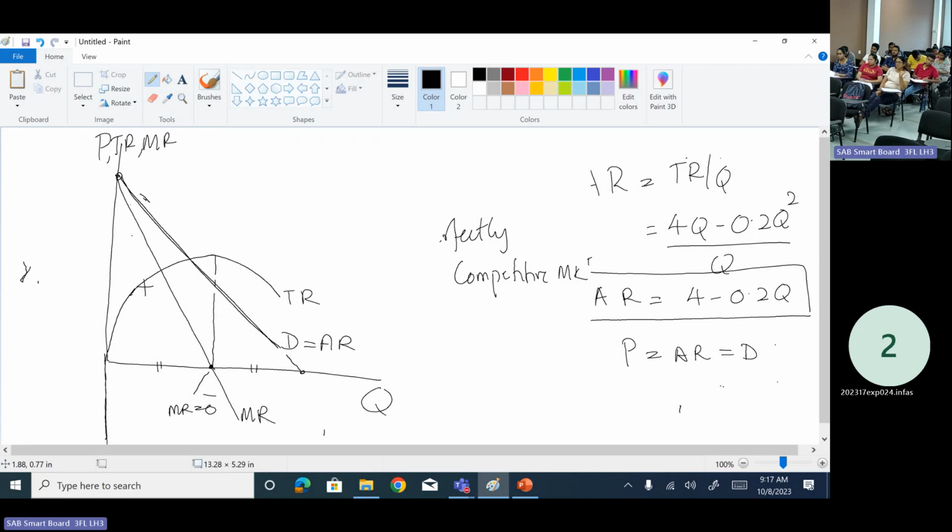Remember, at one end of the demand curve, price elasticity of demand equals 0. At the other end, price elasticity of demand equals infinity.